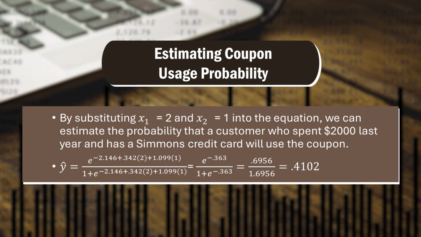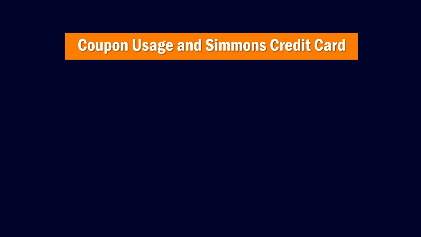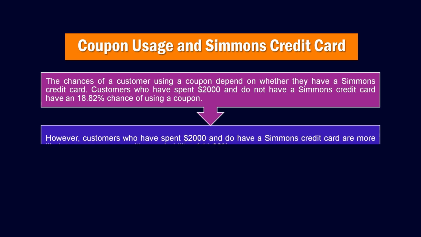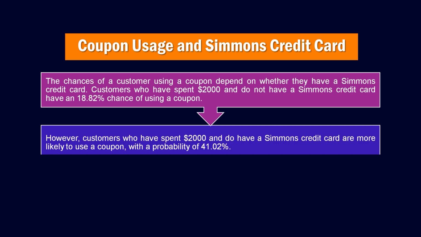Now what do we understand by this? By this, what we are understanding is the probability or the chances of the customer using the coupon depends on whether they have a Siemens credit card, right? The customers who have spent $2,000 and who don't have the Siemens credit card have about 18.82% chances of using a coupon, while the customers who have spent $2,000 and have a Siemens credit card are more likely to use the coupon.